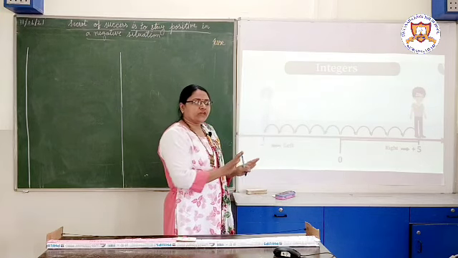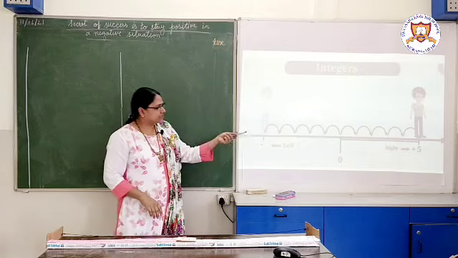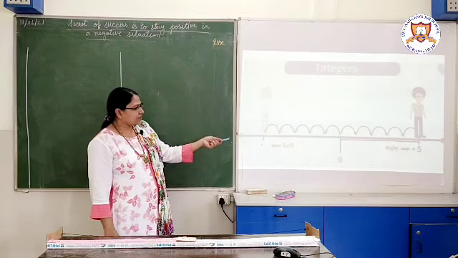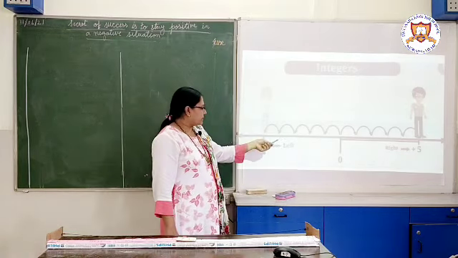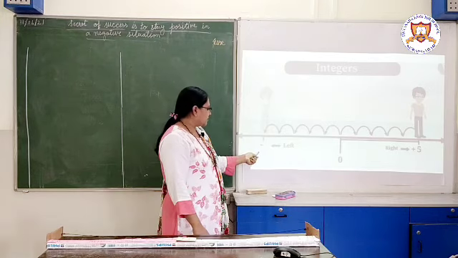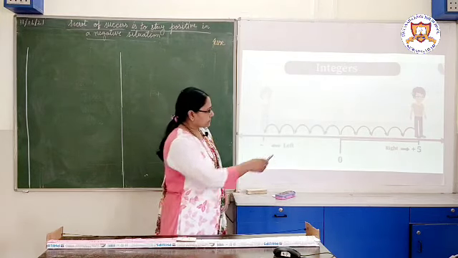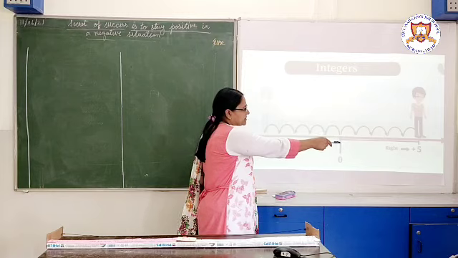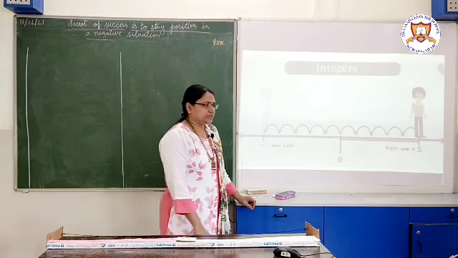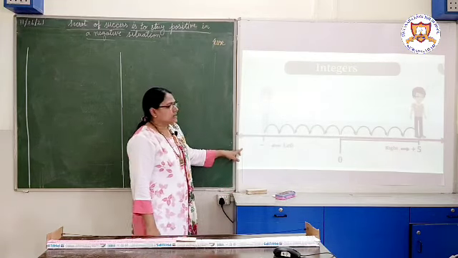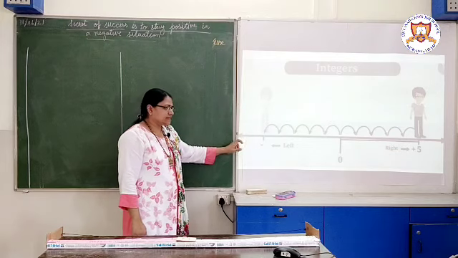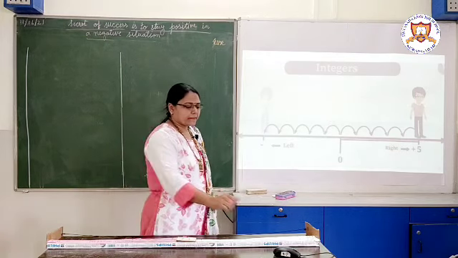Whenever opposite sides are there, we denote them by positive and negative integers. Here, the right-hand side is always denoted by positive integers, and the left side is always denoted by negative integers.